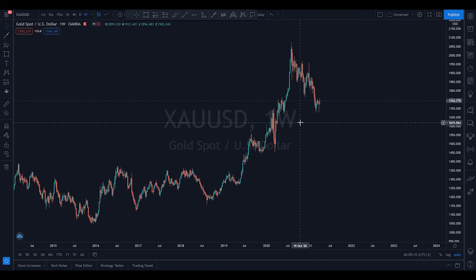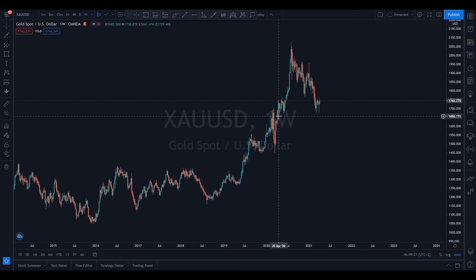Looking at this market on the weekly time frame, you can see that the price here was resisted, it went to the upside, and then when it came back here, it was somehow prevented from continuing to the downside.